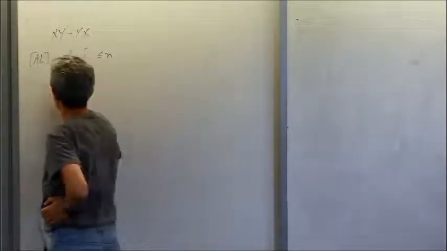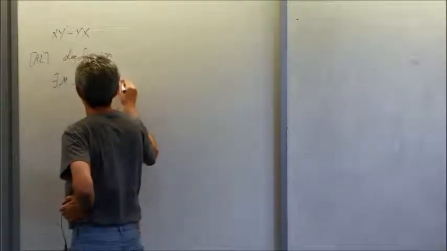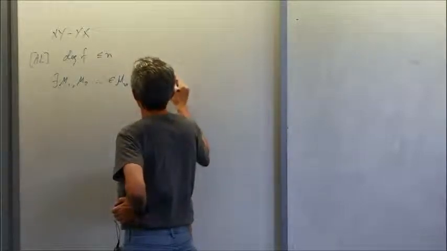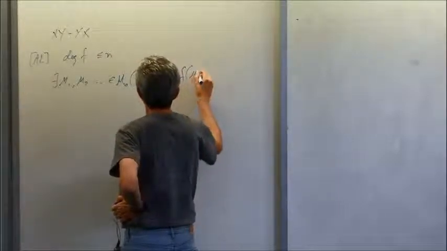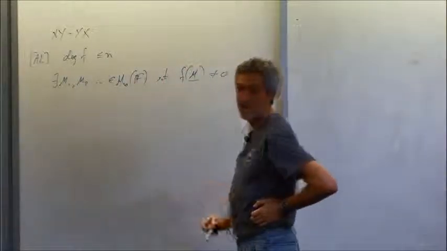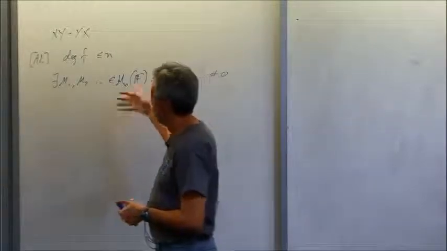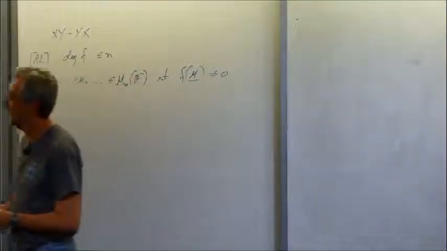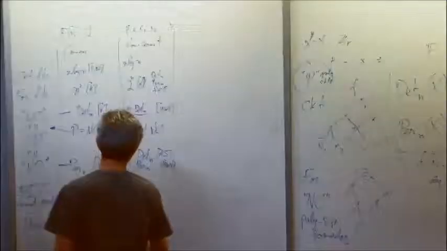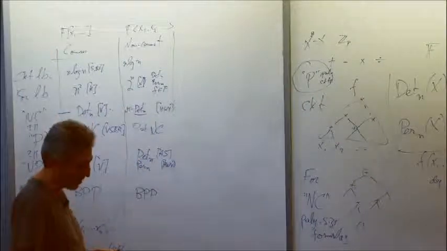So then there exist matrices M1 through Mn such that f of this vector of matrices is not zero. So once you realize this, you can do the same randomized algorithm, and this was realized by Bogdanov and Wee. So also here we have an efficient probabilistic algorithm for the word problem.